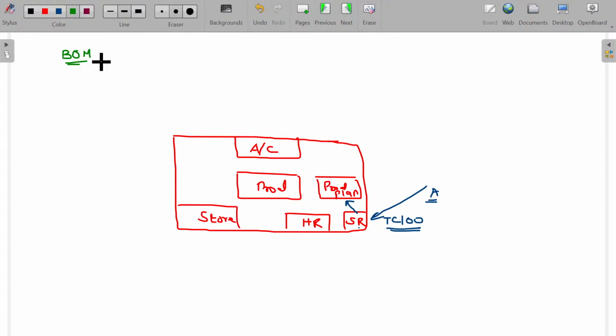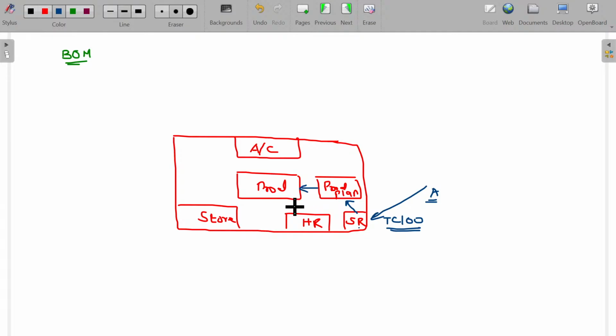Then production planning department will estimate the requirement of steel as well as plastics. And this production planning department gives the authorization to the production department in charge to procure whenever they are in need. Okay, authorization is given.